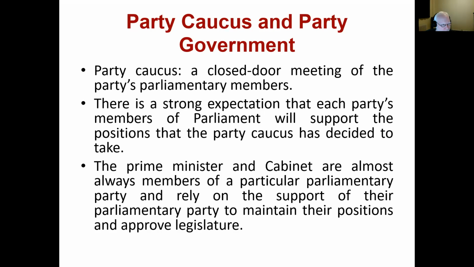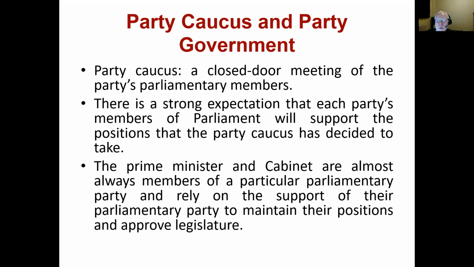Party caucuses and party government. A party caucus, like we talked about, is a closed door meeting of the party's parliamentary members. So it's all those who are members of parliament who are also members of a particular party that make up that party's caucus. All MPs who were voted in as members of the Liberal Party would sit in the Liberal caucus. All those who were elected as part of the NDP will sit as part of the NDP caucus.